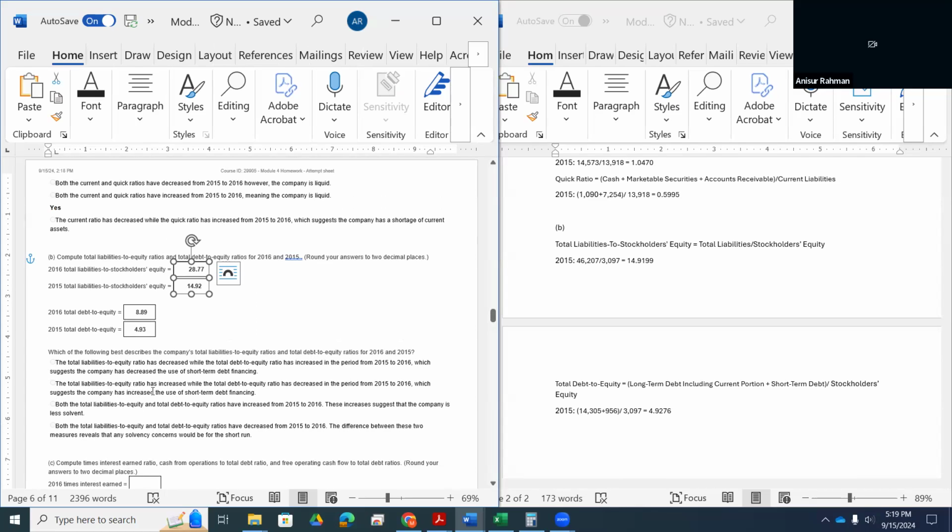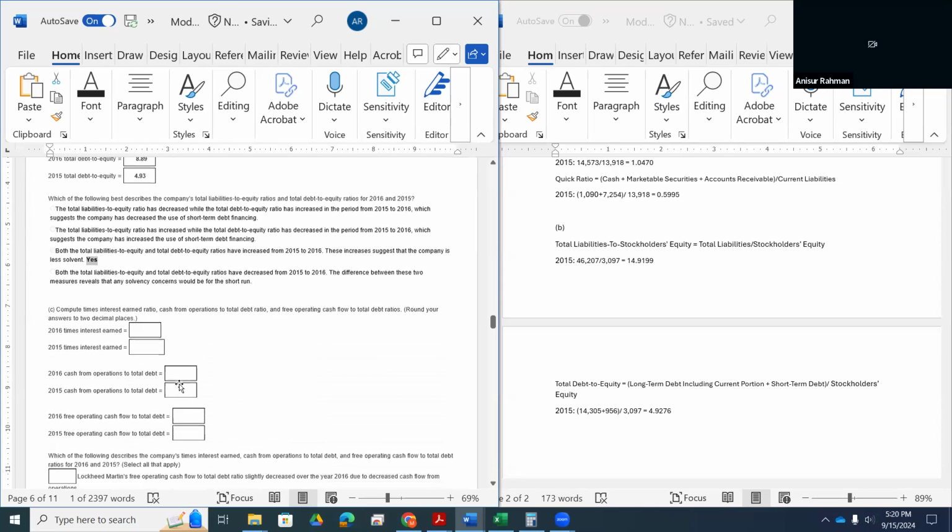Total liabilities to equity ratio has increased, correct, while the total debt to equity ratio has decreased. Debt to equity ratio has also decreased, so that is not correct. Both total liabilities and total debt to equity ratios have increased. That is correct. Both have decreased. That is not correct.